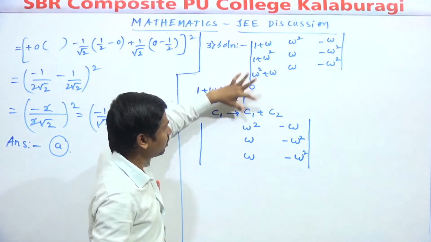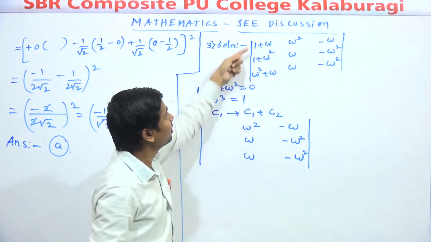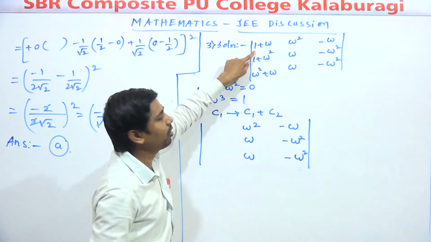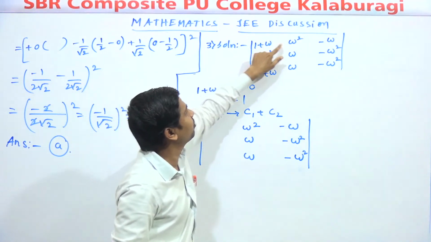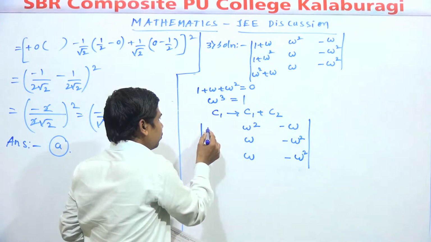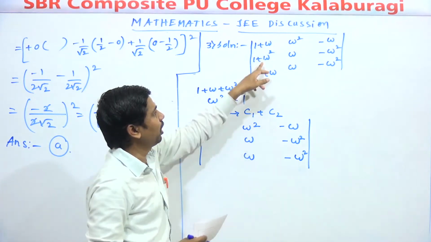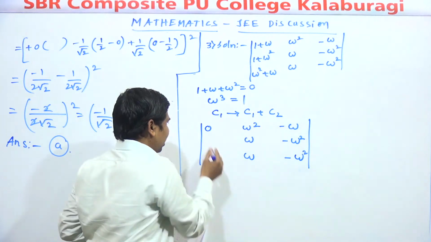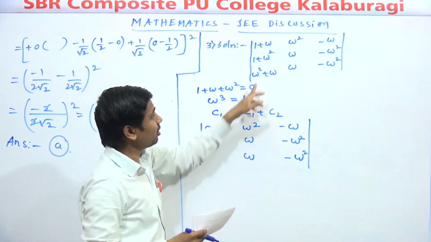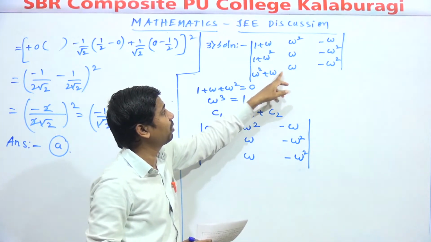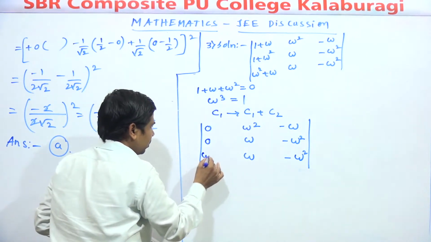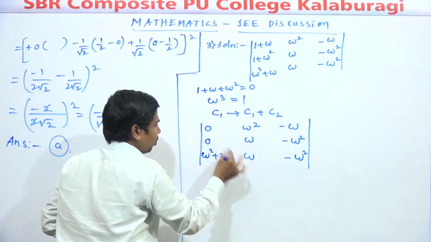When applying this operation, how many elements does it apply to? 3 elements, because all belong to C1. For the first element, 1 plus omega plus omega square equals 0, so the first element becomes 0. For the second element, 1 plus omega plus omega square equals 0, so the second element becomes 0. Next, omega square plus omega plus omega is omega square plus 2 omega.